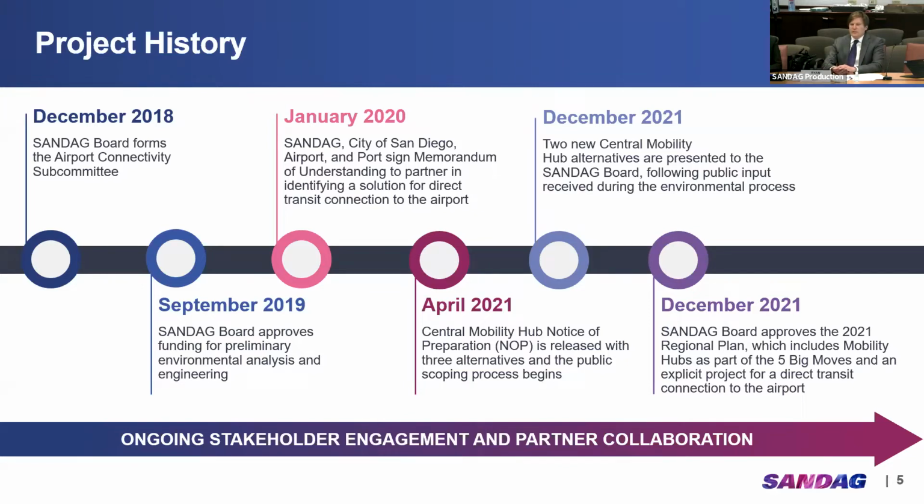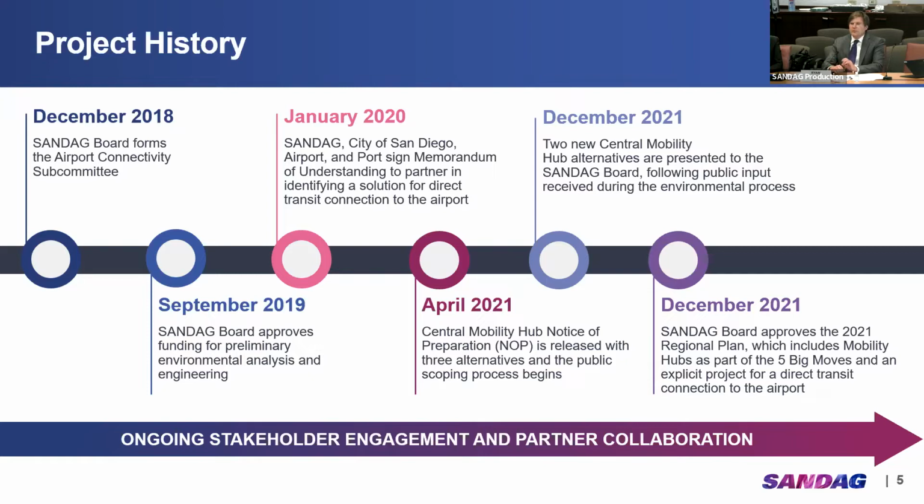In April of 2021, SANDAG formally began the environmental review process under CEQA, and public scoping meetings were held where testimony was taken from the public on the 3 alternatives advanced by the board. This process allowed the public to tell the agency what they thought about the proposed project and the alternatives that were being considered. 2 significant themes emerged out of that outreach process.